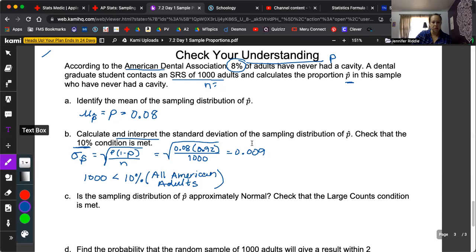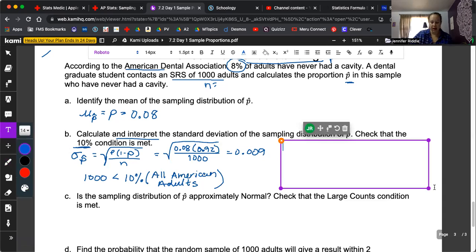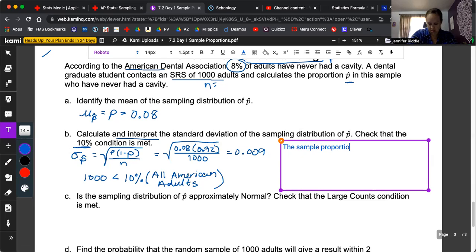And then we need to interpret our standard deviation. So I can say that the sample proportion of adults that have never had a cavity typically varies by 0.009 from the true proportion of 0.08.